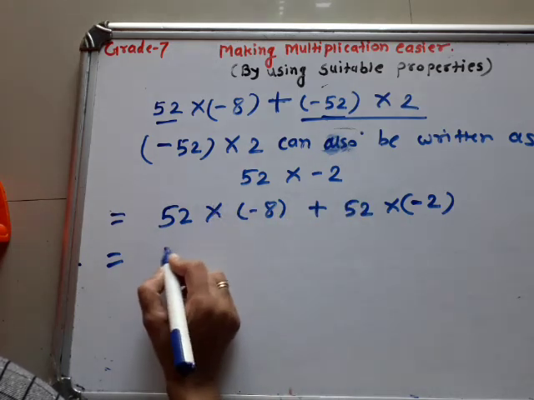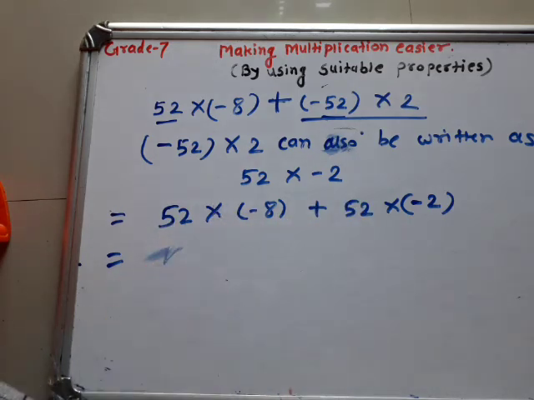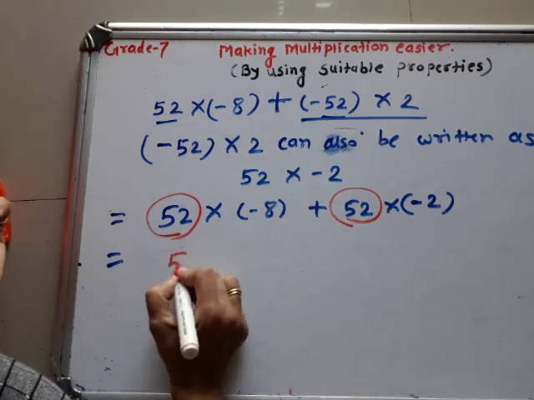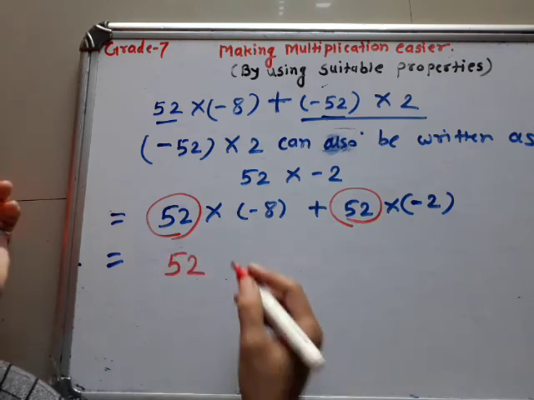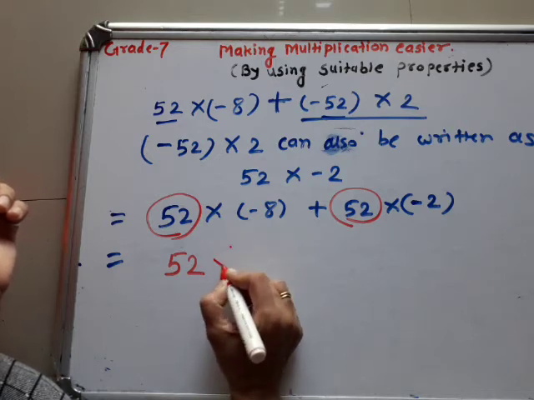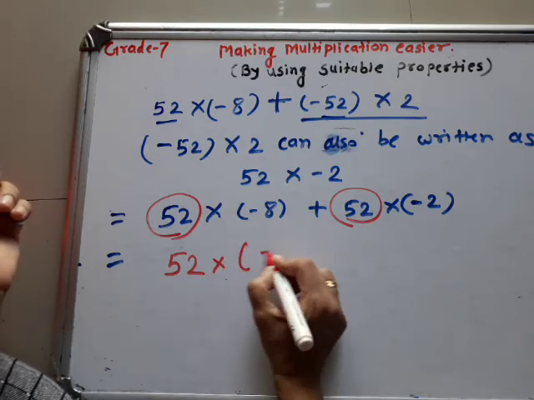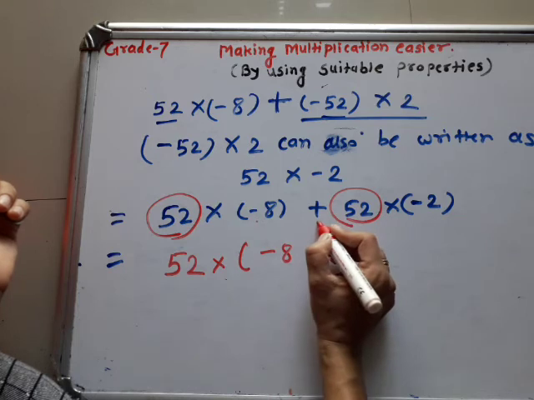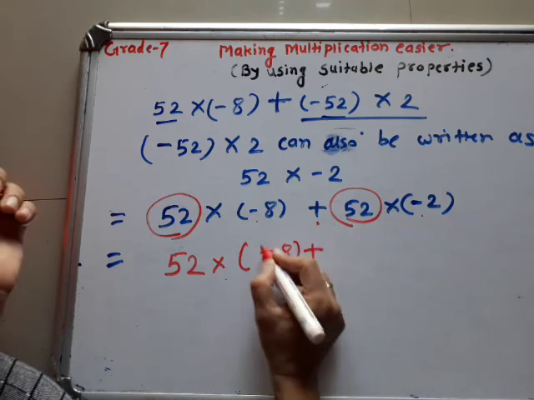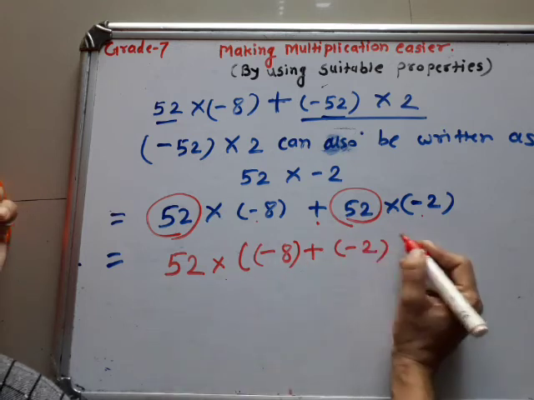Now 52 is the common number. Here we get 52 and here also 52, both are common. So first we take 52 outside the bracket, and inside we write minus 8, this plus sign, and minus 2. Now we solve this.